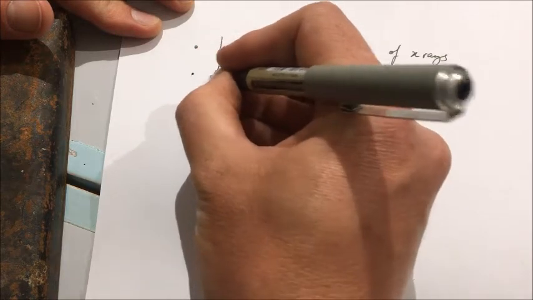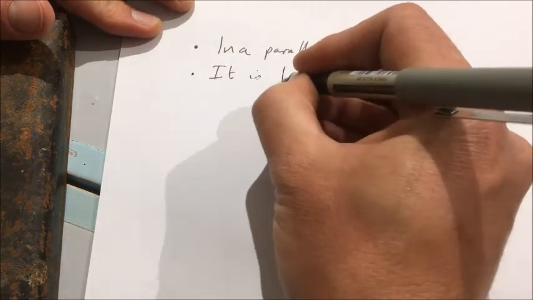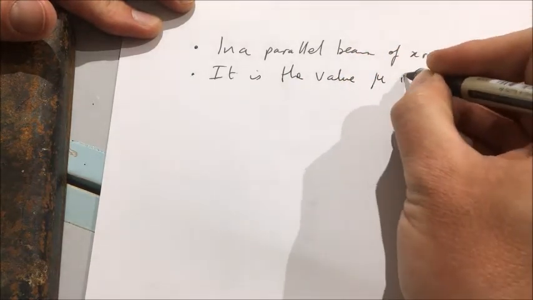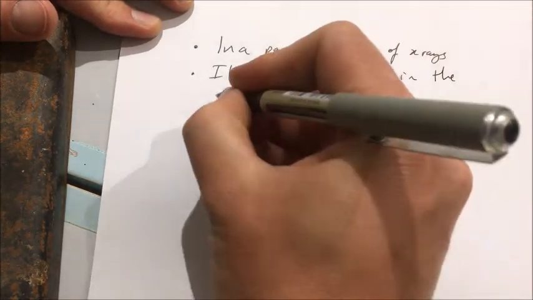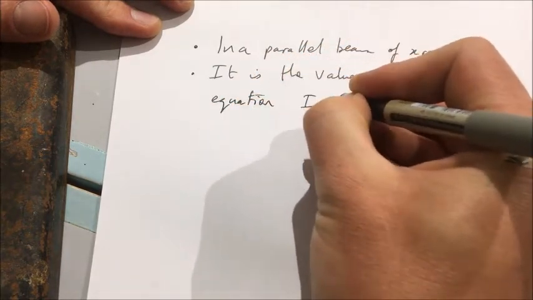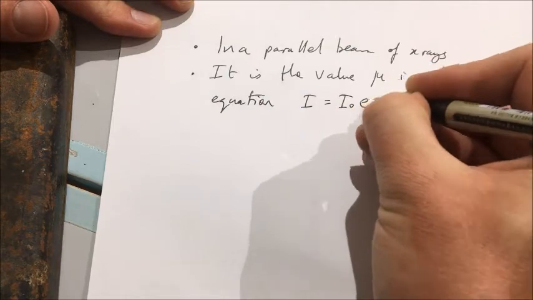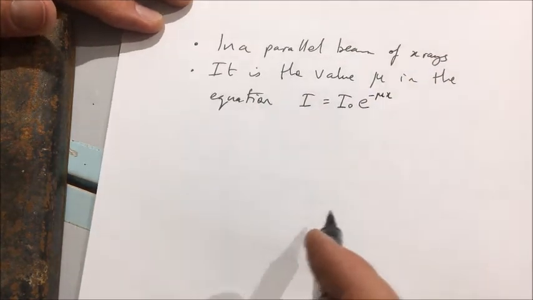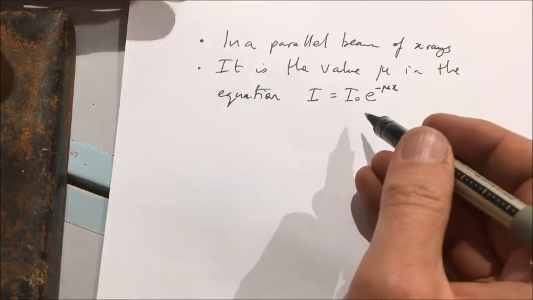I can say it is the value mu in the equation I equals I0 e to the minus mu x. That would be 2 marks. It's fairly unsatisfactory in a way, isn't it?